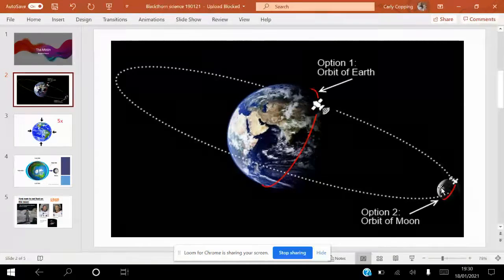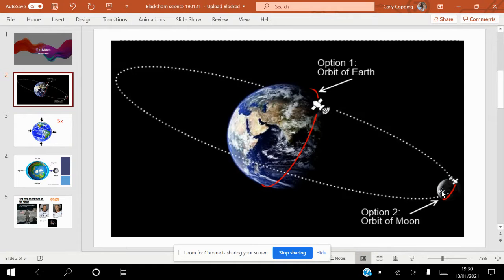And the face of the moon that we see every day, we always see the same face. So this side here is always facing the Earth. So that's what they mean by satellites.